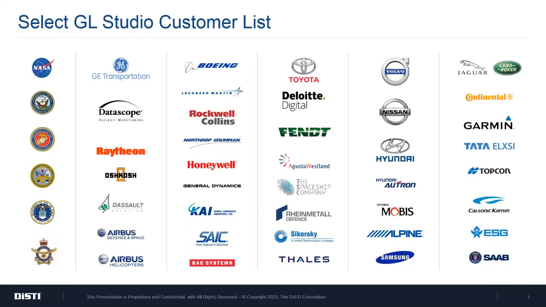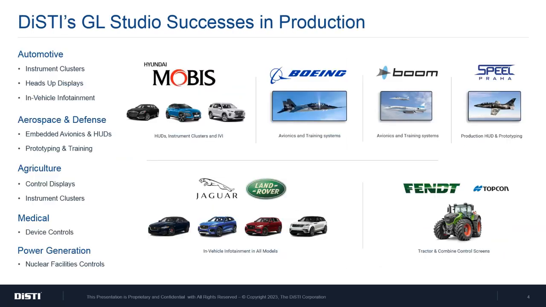To give you an idea of how widely we and our GlStudio tool are used, here are just a few of our customers in a variety of industries ranging from aerospace and defense to automotive, outer space, medical, trains, agriculture, and more. GlStudio is widely used in production, both of embedded and safety critical embedded applications.